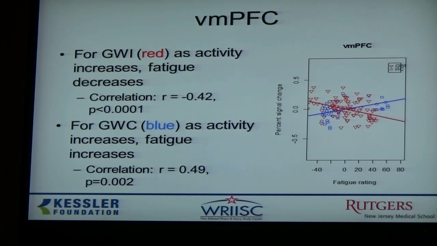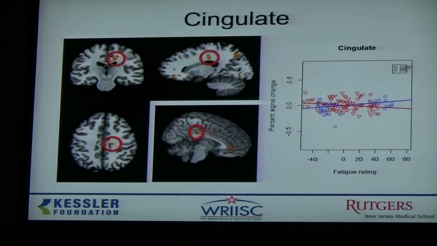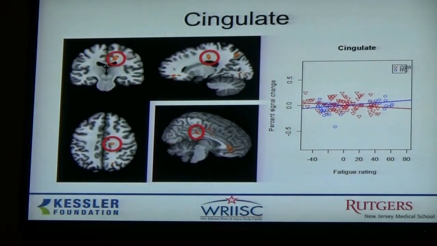Yep. So this pattern was true in all 4 areas where we found fatigue interact with group. Here in the cingulate, we find again the same pattern in terms of the correlation. This is the cingulate, in the middle, down between the 2 hemispheres.